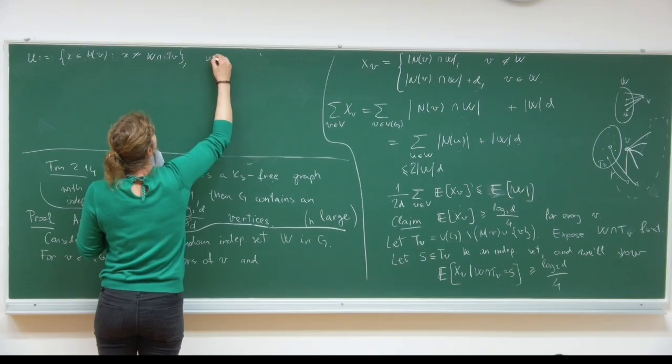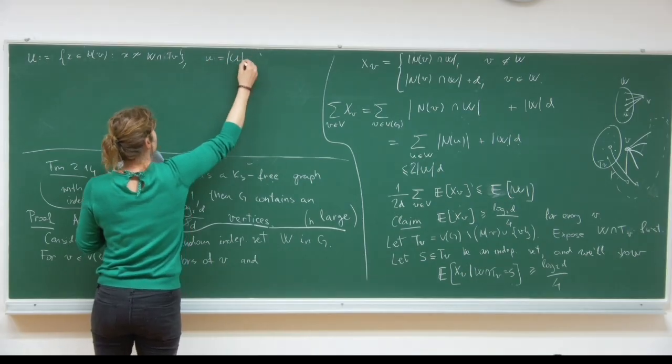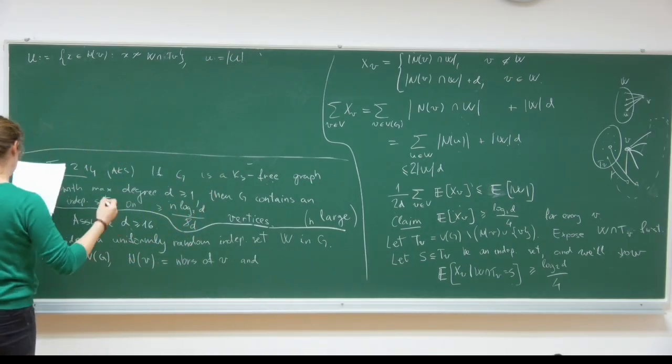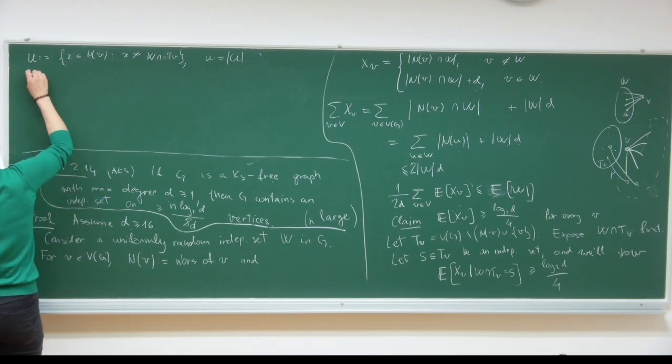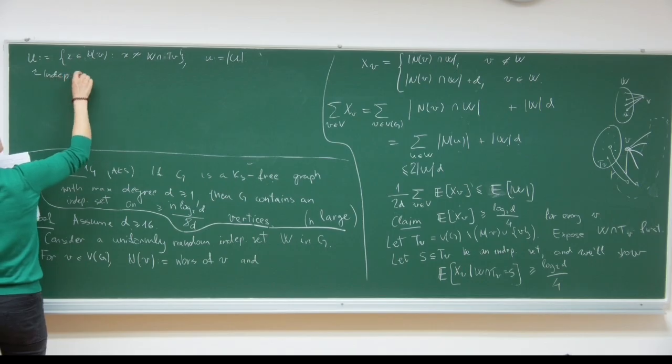And we let little u be the size of big U, and now this U is an independent set. It's important.